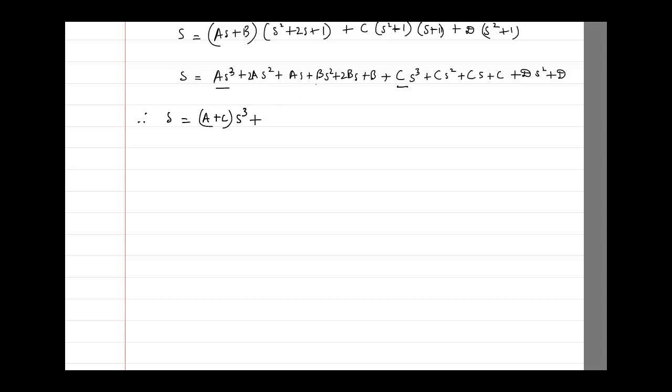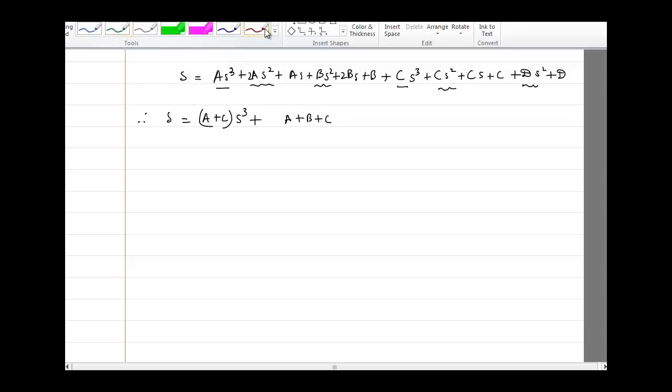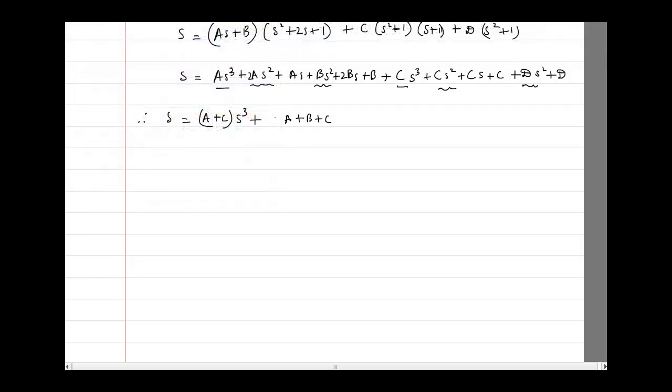Here I have 1, here 1, here 1 and here 1, so it is going to be 2a plus b plus c plus d, the coefficient for s square.